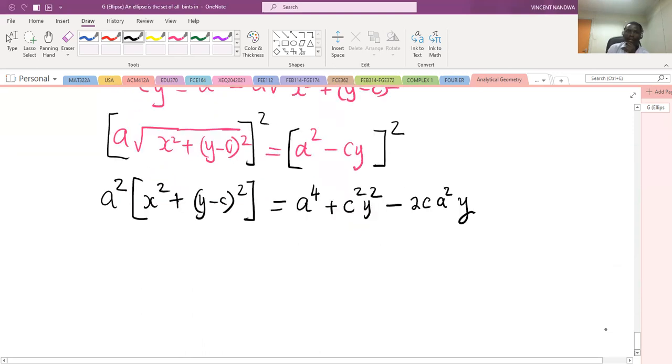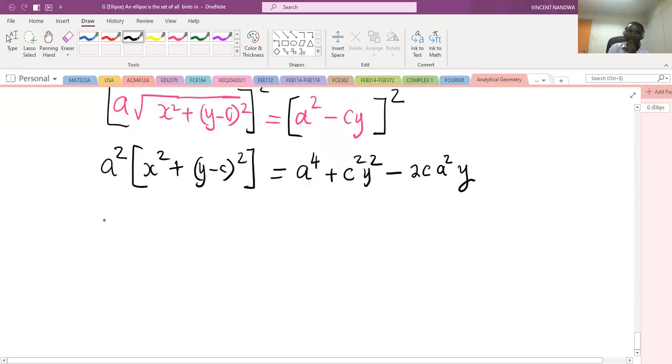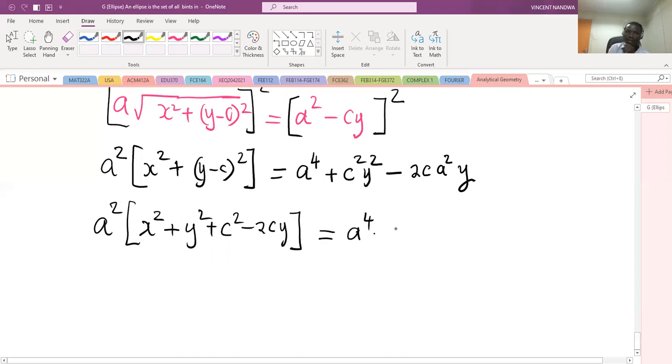And then let's open this bracket. So we have a squared times (x squared plus y squared plus c squared minus 2cy) equals a power 4 plus c squared y squared minus 2c a squared y. So this is what we have.